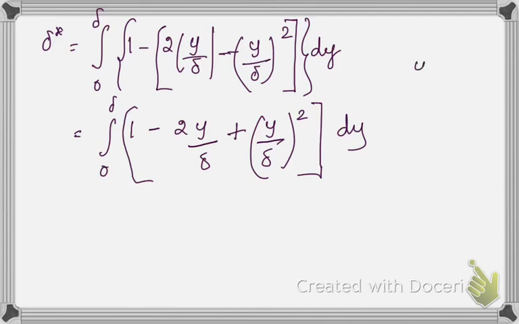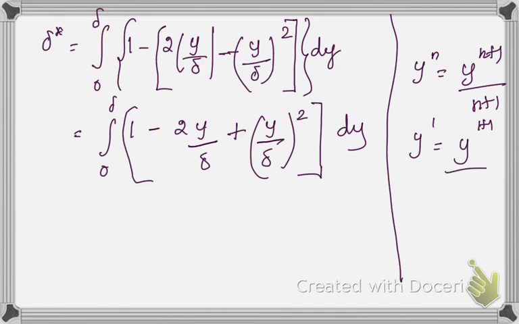As you all know, if you integrate y power n, this becomes y power n plus 1 by n plus 1. Here, y power 1 becomes y power 1 plus 1 by 1 plus 1, so if you integrate y, you will get y squared by 2.